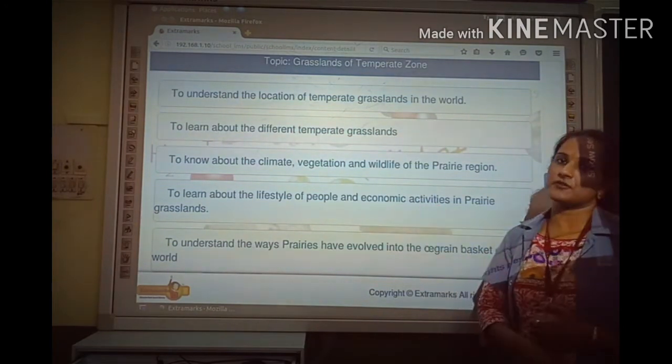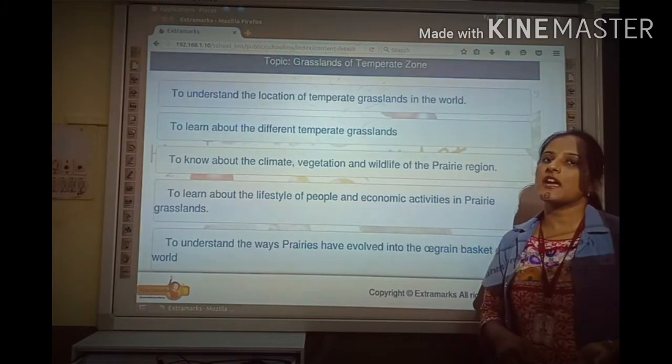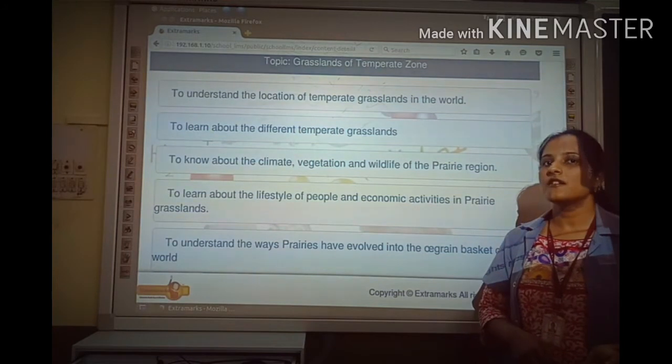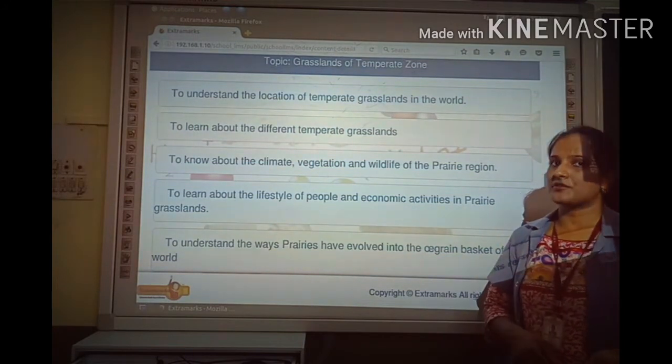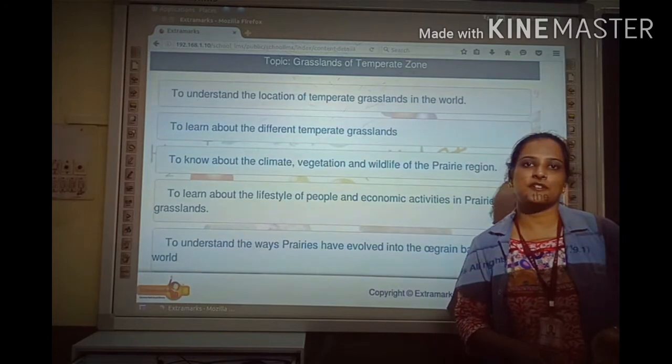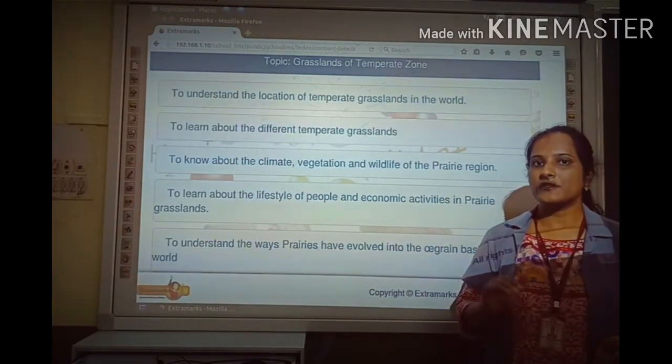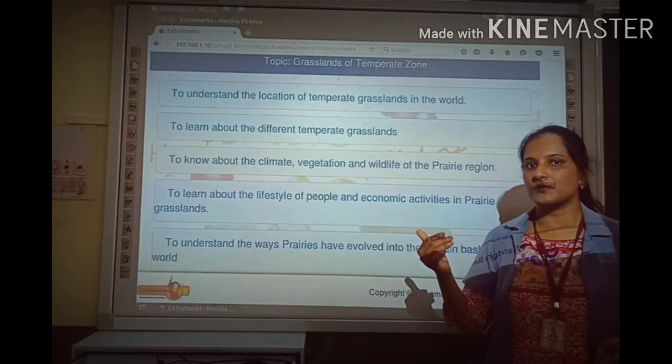Now what is the temperate zone? We have studied about this in chapter number 3, the climate. As per the chapter, the earth has been divided into 3 different zones: the torrid zone, temperate zone, and the frigid zone.